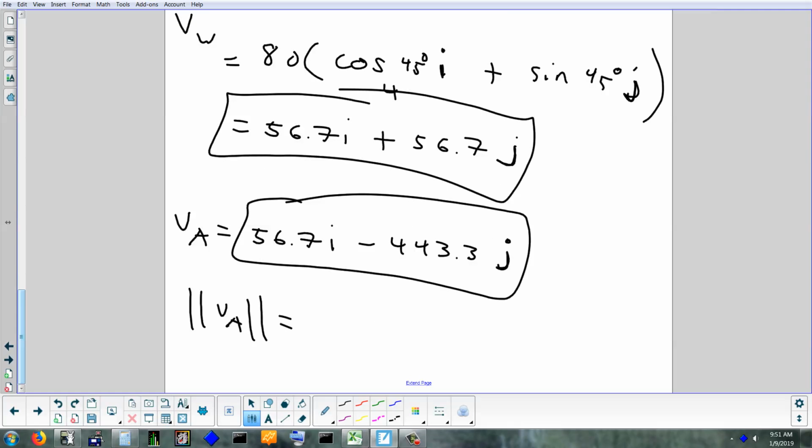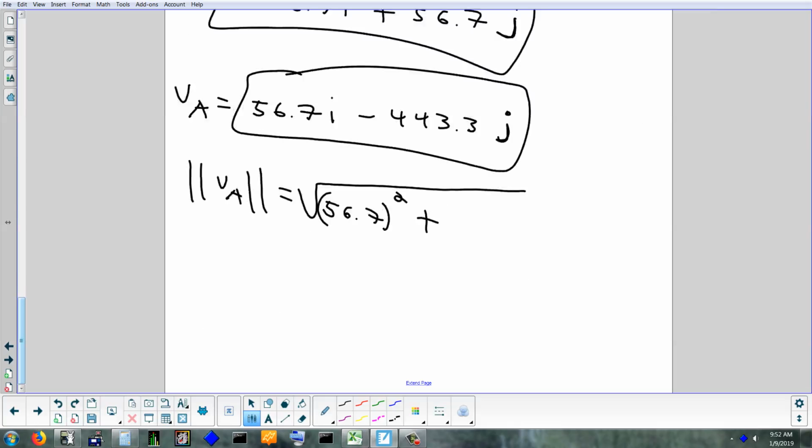First thing you always write down. Oh, you write the square root. Write the square root symbol. Yep. And what's the first number that I square? 56.7. It's kind of big, but we're just going to use a calculator. And the second number? Negative 443. Yep.